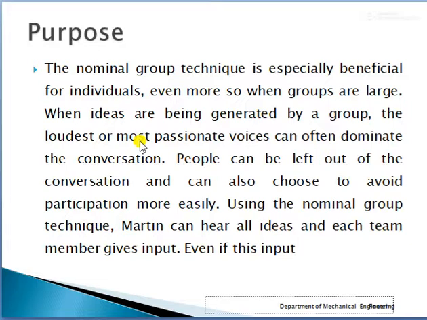When ideas are being generated by a group, the loudest or most passionate voice can often dominate the conversation. People can be left out of the conversation and can also choose to avoid participation more easily. Using the nominal group technique, the facilitator can hear all ideas and each team member gives input.